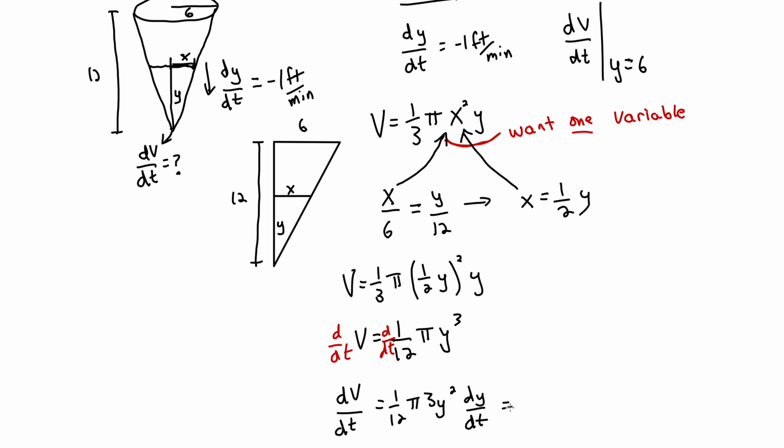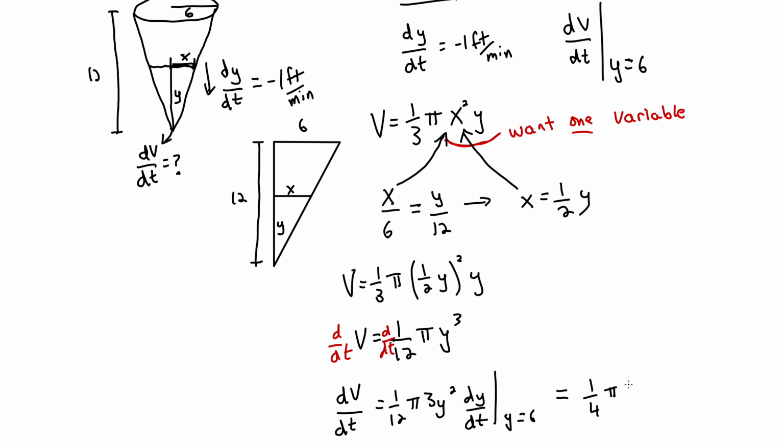So dV/dt at y equals 6. Let's evaluate it at y equals 6, which gives us 1/12 pi times, well, we can simplify 1/12 with that 3 up there to just give us 1/4. Let's try to keep this as simple as possible.